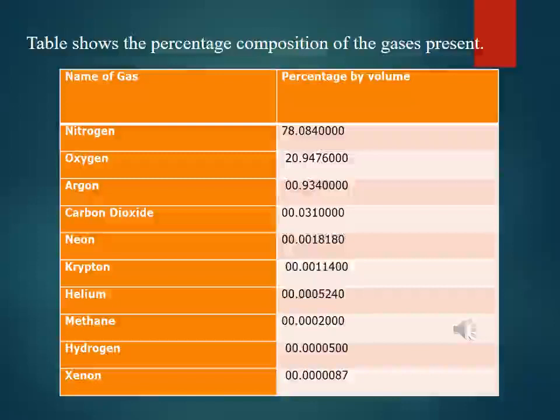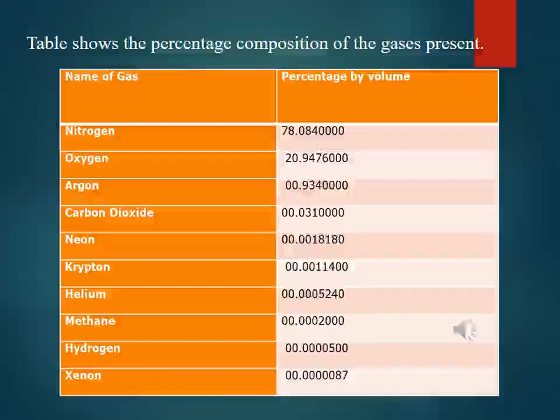Neon, krypton, helium are present in the atmosphere at 0.01880, 0.001140 and 0.00524% by volume respectively. Methane is present in the atmosphere at 0.002% by volume.